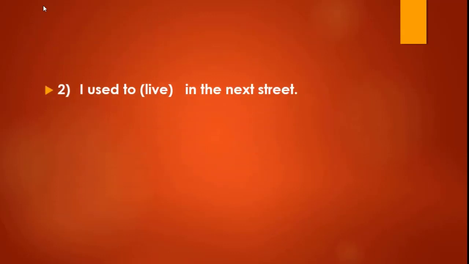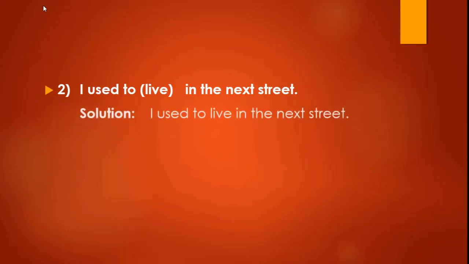Sentence number 2, I used to live in the next street. Used to is a verb that is followed by a bare infinitive, so its solution is, I used to live in the next street. Live is a bare infinitive.